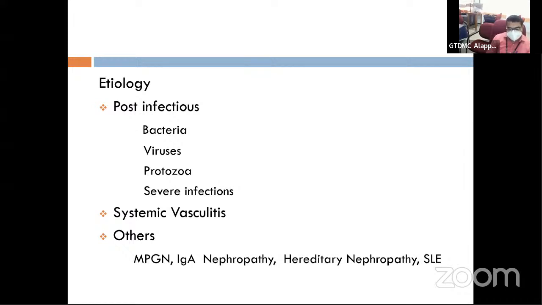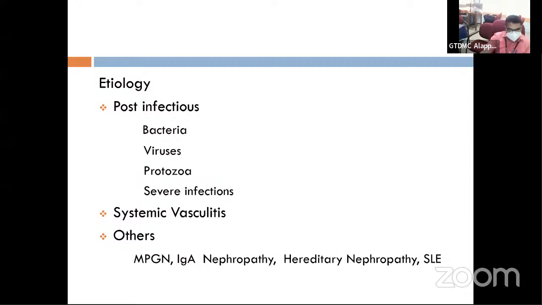So this is the etiology of nephritic syndrome, not for post-streptococcal glomerulonephritis alone. Other conditions can also cause nephritic syndrome with hematuria, oliguria, edema, and hypertension. One of the commonest etiologies of glomerulonephritis is post-infectious, mainly due to bacteria. Among the bacteria, the commonest agent is Group A beta hemolytic streptococcus.